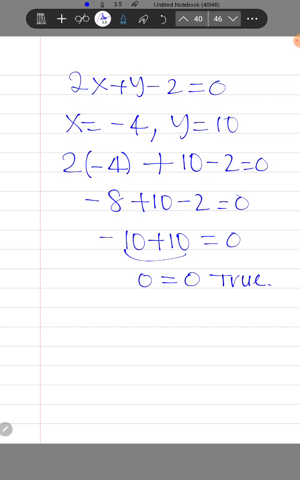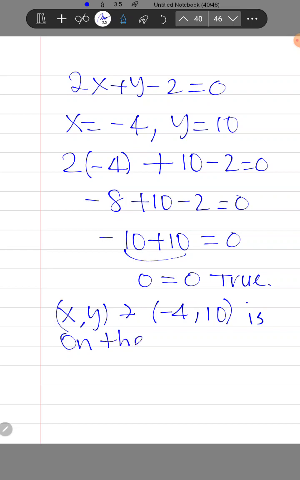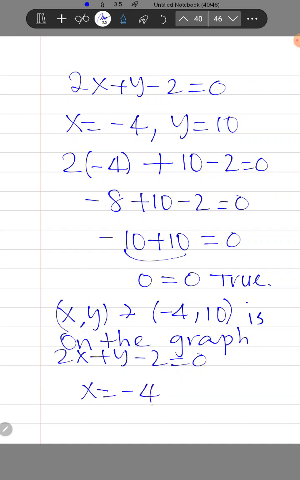So the point (x, y) as (minus 4, 10) is on the graph 2x plus y minus 2 is equal to 0. It's also on the graph x is equal to minus 4 because we can simply see x is minus 4.